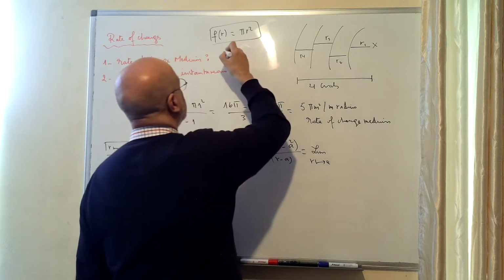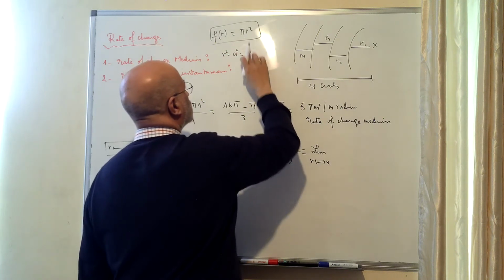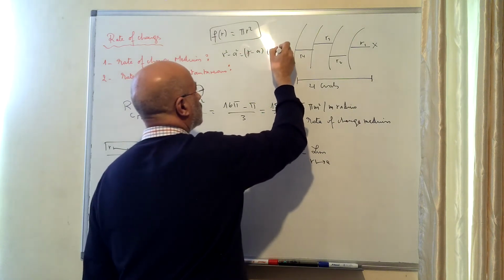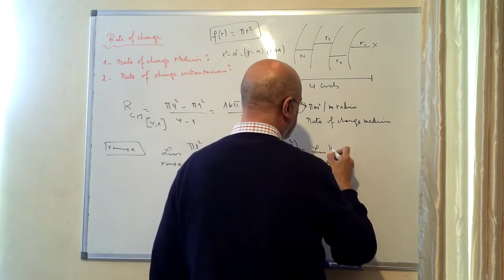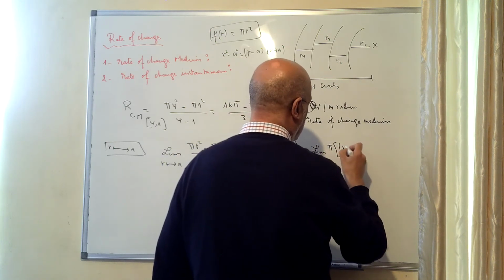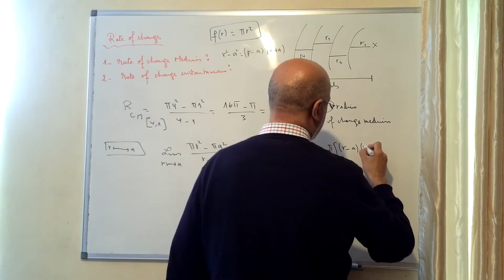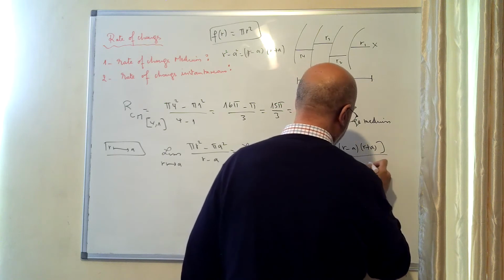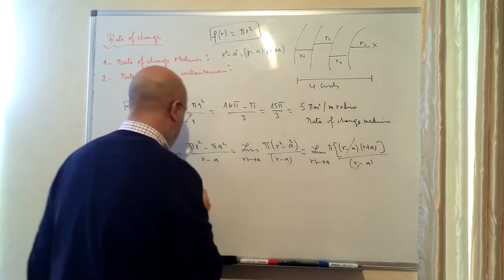This is an identity: r squared minus a squared is (r minus a)(r plus a). Okay, it's the limit of pi times (r minus a)(r plus a) over (r minus a). Now we simplify, we have our equation.